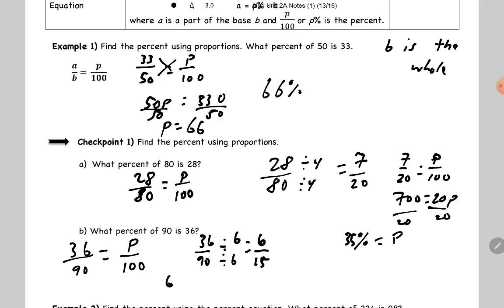So my problem is 6 over 15 equals p over 100. Cross multiply. 600 equals 15p, divided by 15, and we'll get 40%, or p equals 40%.